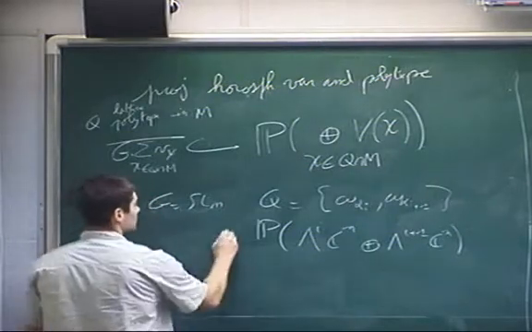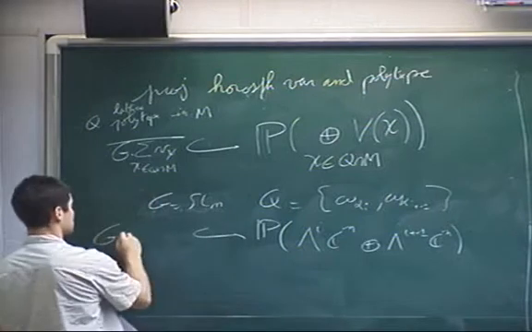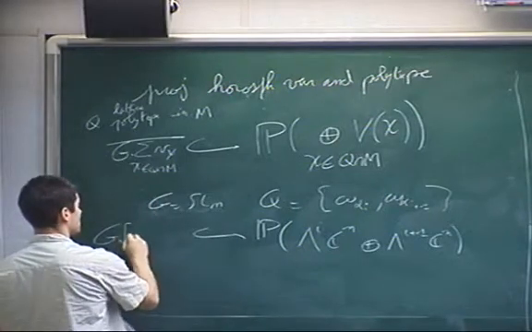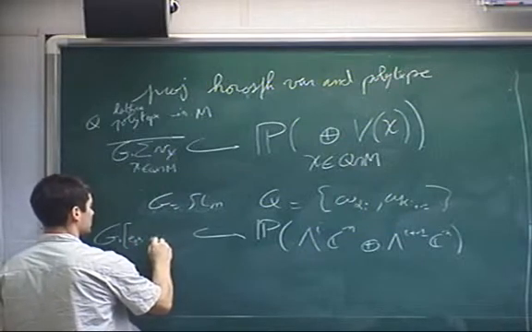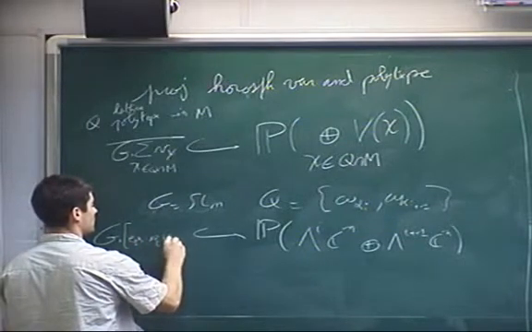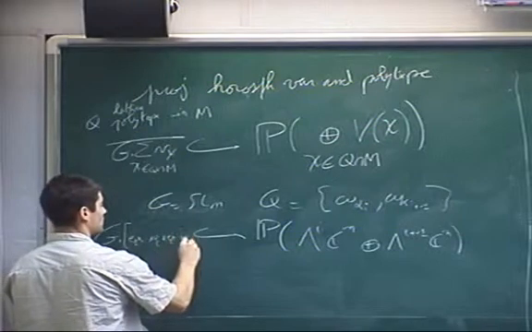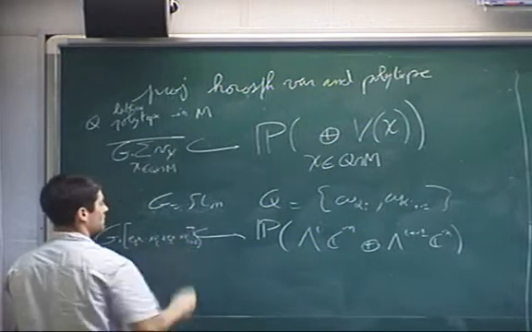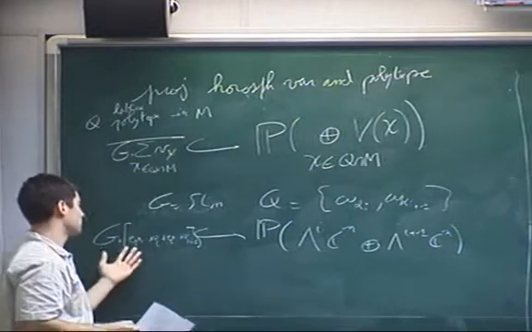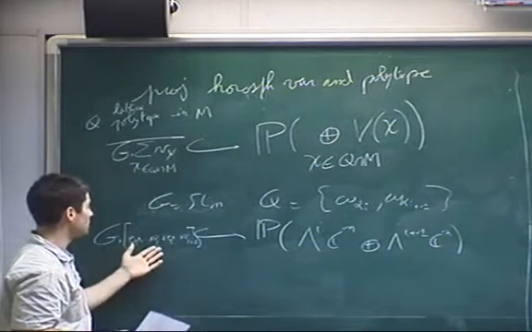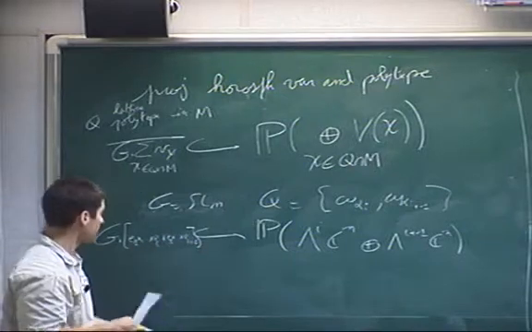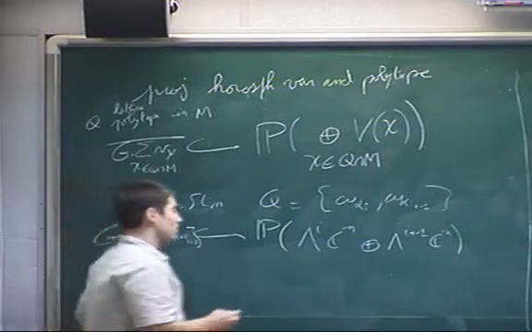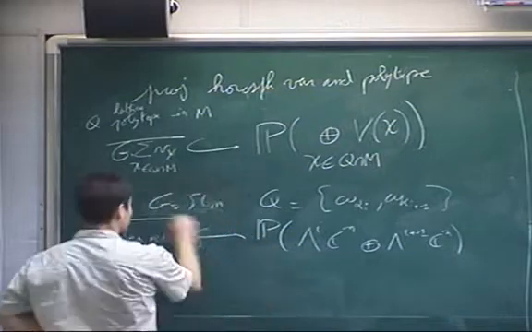And I took the orbit of this vector. So I take the wedge product of e1 and ei plus the wedge product of e1 and ei plus 1, and I take the closure of this.